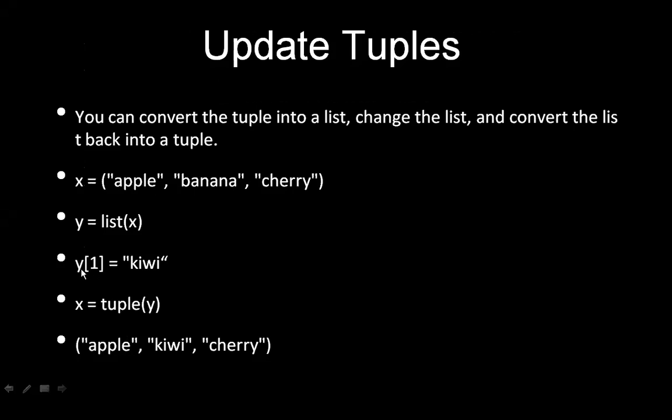How we have done that: y of 1 equal to kiwi. Y is nothing but the list name, 1 is nothing but the index number, and kiwi is nothing but the value. Similarly, I will be doing it in the practical implementation also.